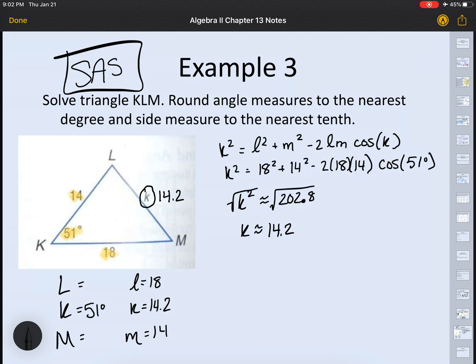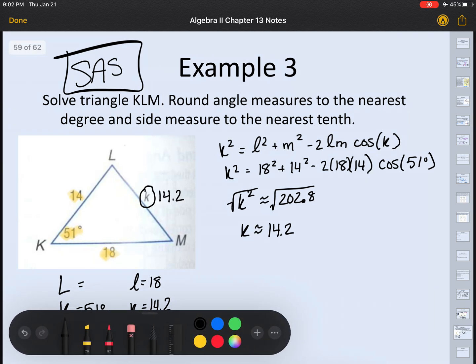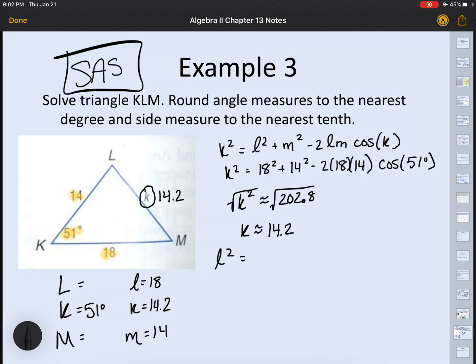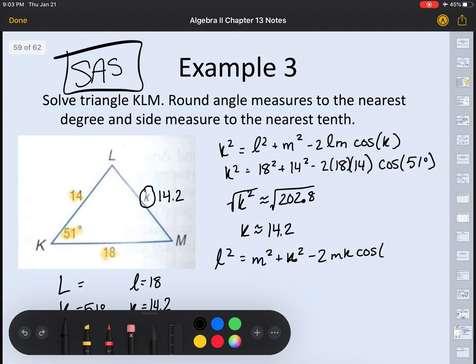Okay, so now if I want to figure out angle L, for example, I'm going to need to do l squared is equal to m squared plus k squared minus 2 times m and k cosine of L that we're trying to figure out. And I'll make that a capital L.